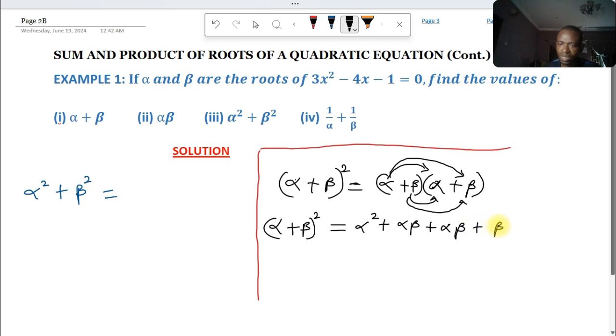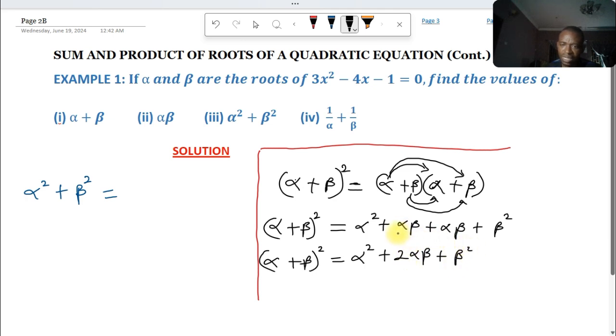Then beta times beta gives plus beta squared. Now all I need is to make alpha squared and beta squared be on one side of the equation, and I'll pack every other one to the other side. That is, alpha plus beta squared equals alpha squared plus 2 alpha beta plus beta squared.